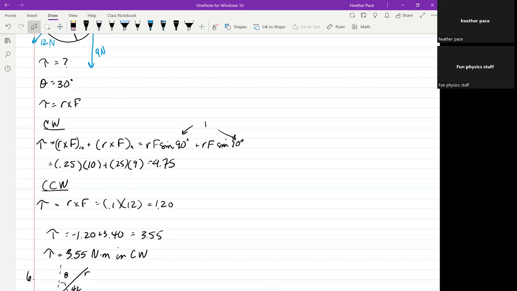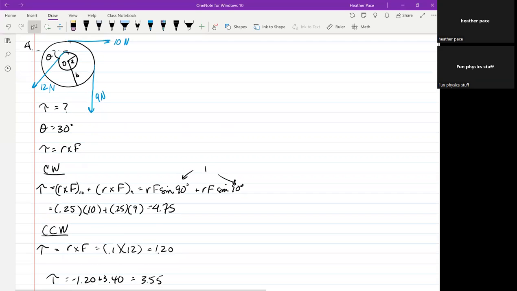All right, so let's figure out what tau is. We know what the forces are. Let's find tau in the clockwise direction, because there are 2 directions of spinning, clockwise and counterclockwise. So we know that tau equals r cross F. We're going to have the 2 forces, the 10 and the 9.